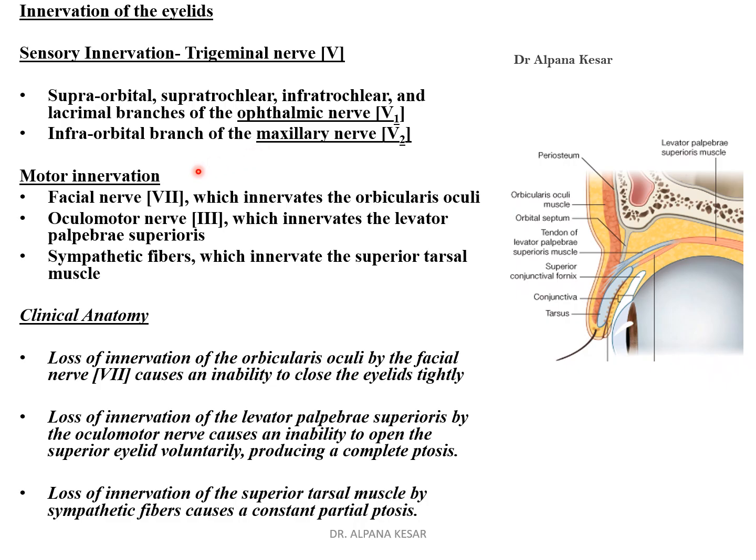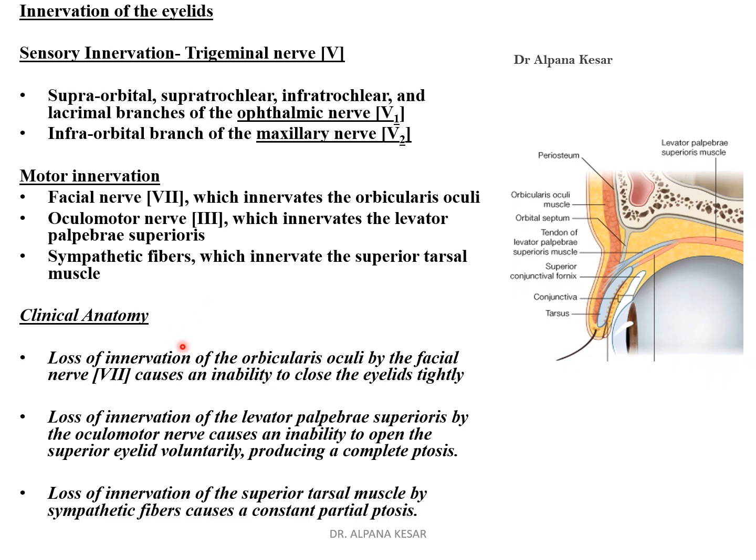The motor innervation is by facial nerve that innervates the orbicularis oculi muscle. Levator palpebrae superioris is innervated by oculomotor nerve. Sympathetic fibers innervate the superior tarsal muscle, which is a part of the levator palpebrae superioris.